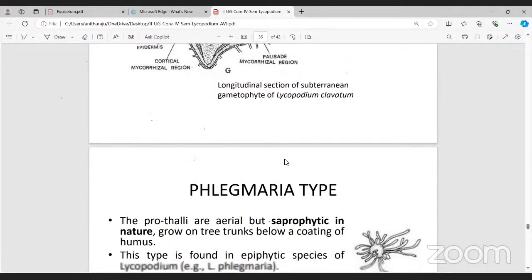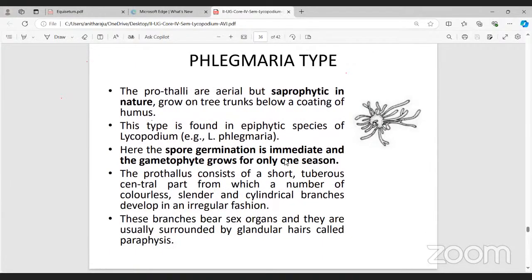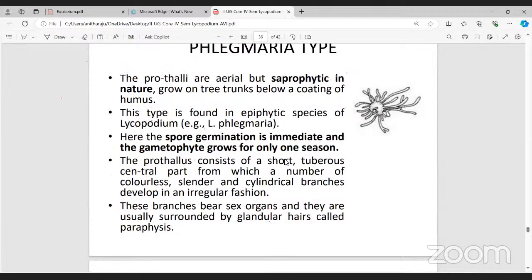And the Phlegmaria type: this prothalli is aerial but saprophytic in nature. It grows on tree trunks, below the coating of humus. This type is found in epiphytic species of Lycopodium, for example Lycopodium phlegmaria. The spore germination is immediate, and the gametophyte grows only in one particular season.